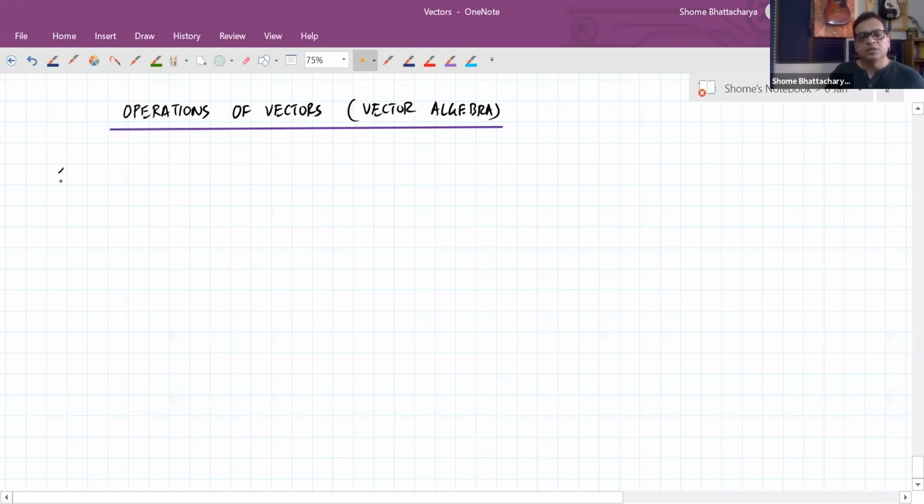The first and simplest type of operation is the multiplication of a vector by a scalar.